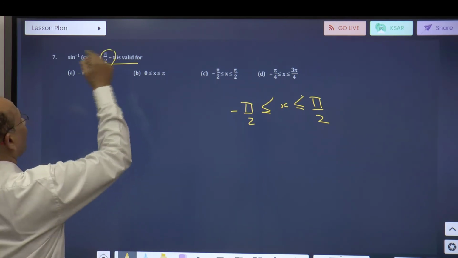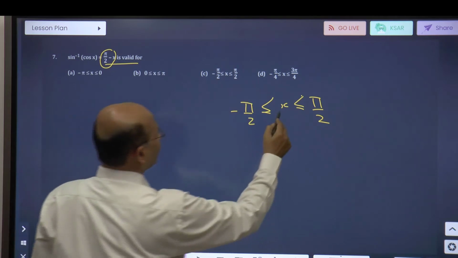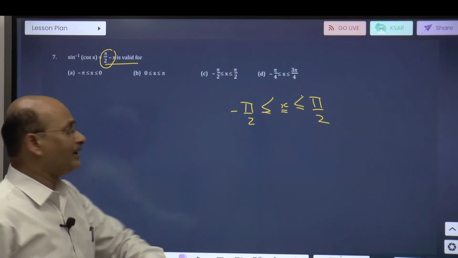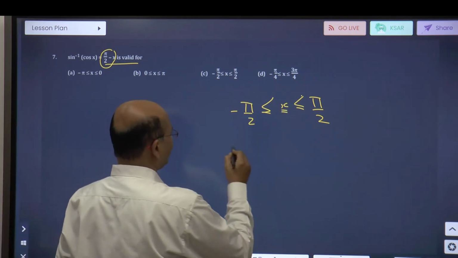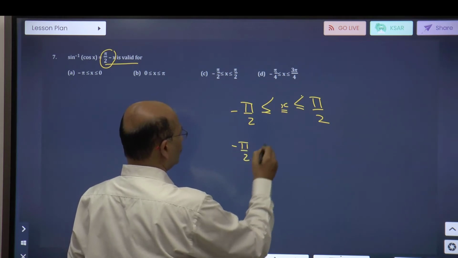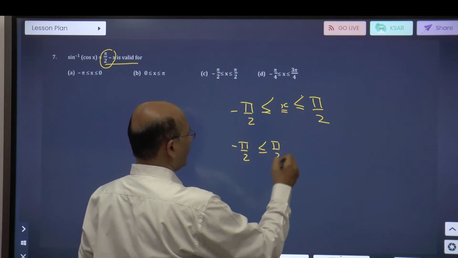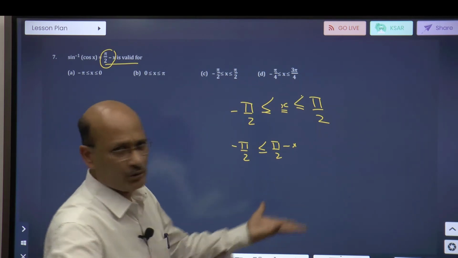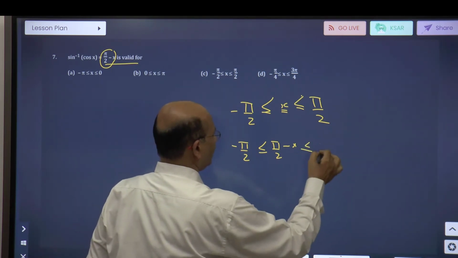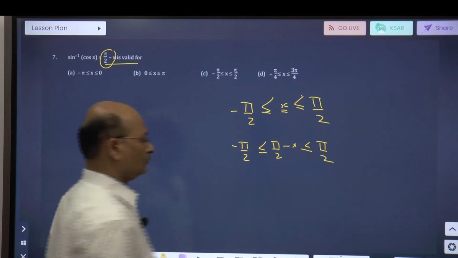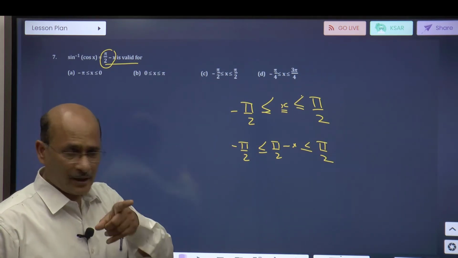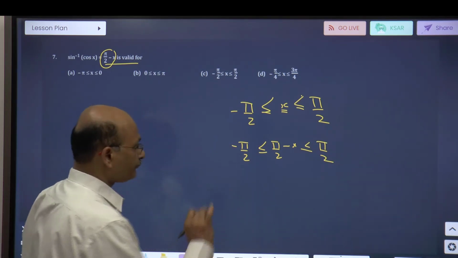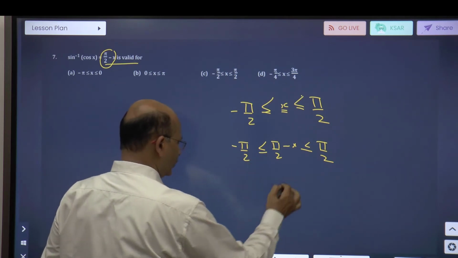But what happened now? This is pi by 2 minus x, right or not? So this x is replaced by pi by 2 minus x. So what will happen? I can do it like this: minus pi by 2 less than or equal to pi by 2 minus x, less than or equal to pi by 2. I am giving some shortcuts and different methods. Maybe some other teacher can show you a different way. Now think and then do it, okay? Now see, I just equate these two separately.